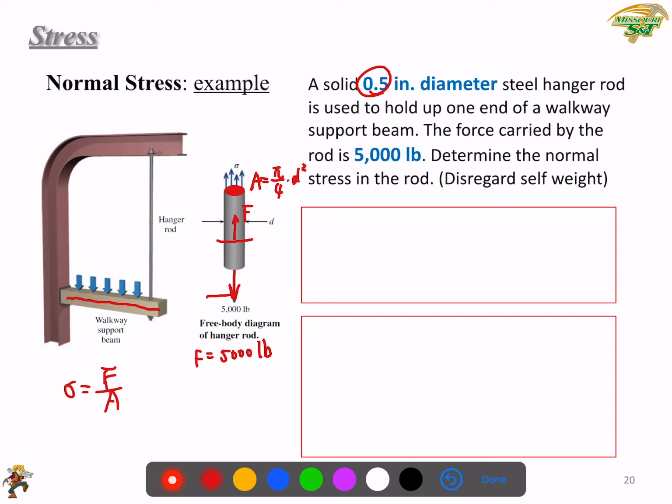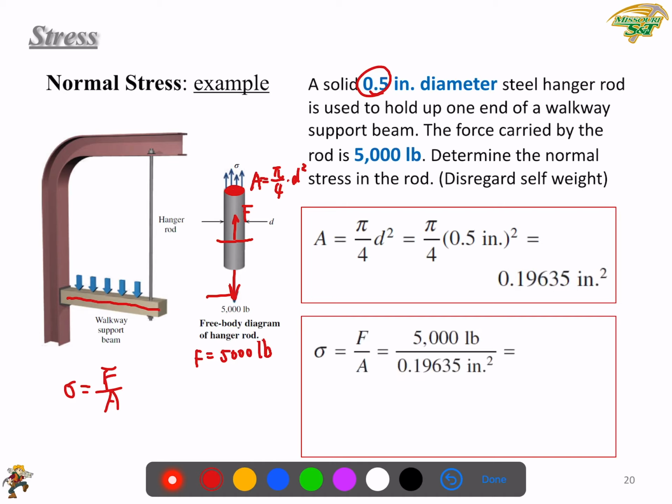Okay, to put them together, you calculate A, pi over 4 d squared, and you get a number, and then sigma equals F over A, and then you can just do a calculation to get the results. Okay, this is the result we obtained, and approximately it equals 25 ksi.